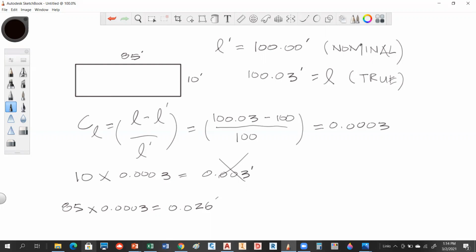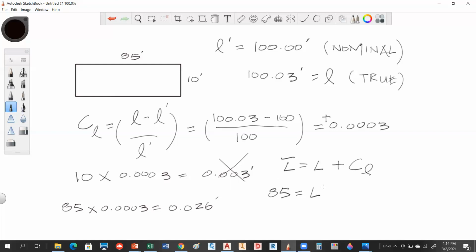Now here's why. I gave you another equation the other day that I said the true distance is equal to the recorded distance or the measured distance plus the correction. Okay, right? This correction is a plus correction. Now the true distance here is 85 feet.